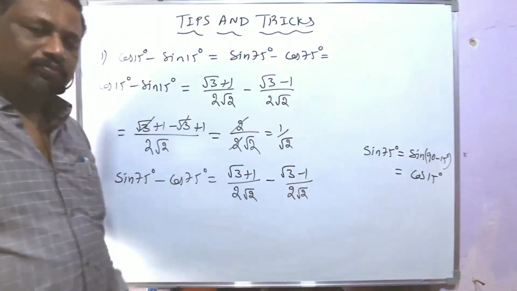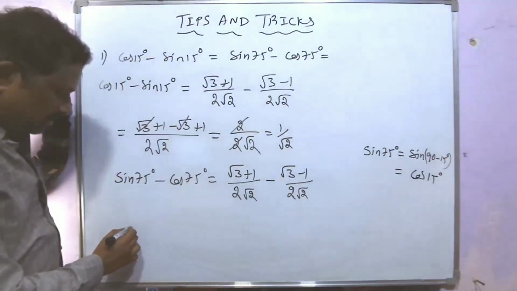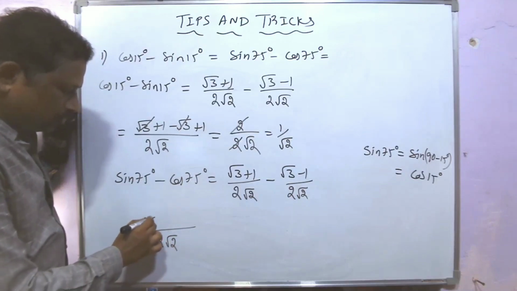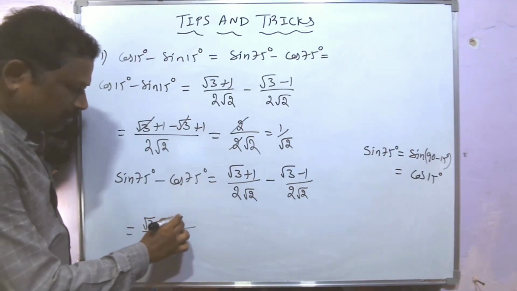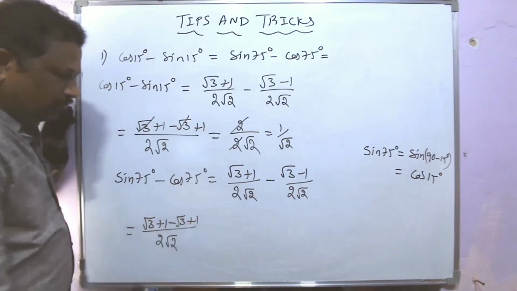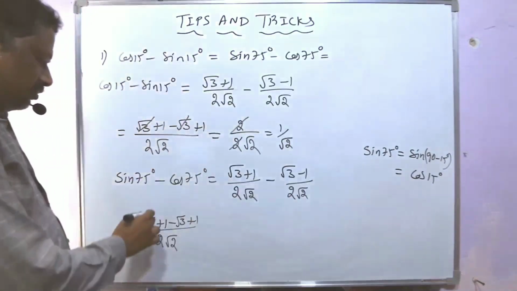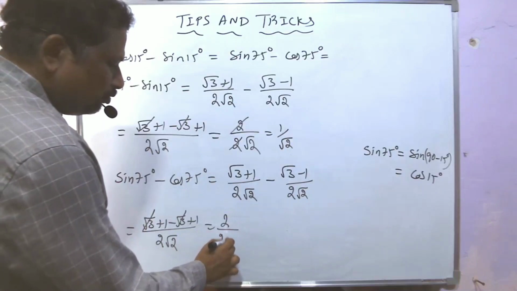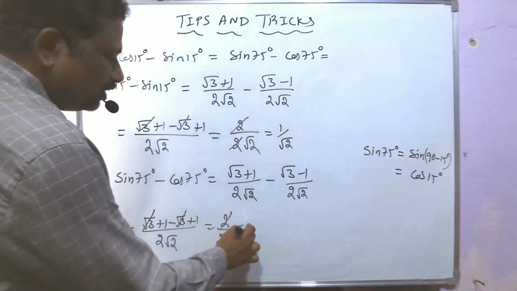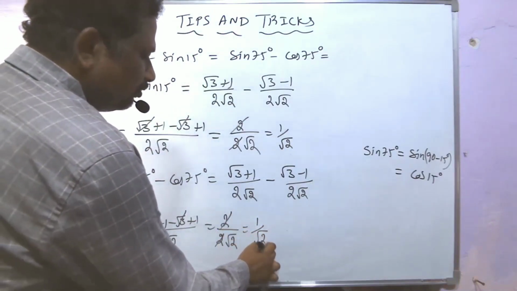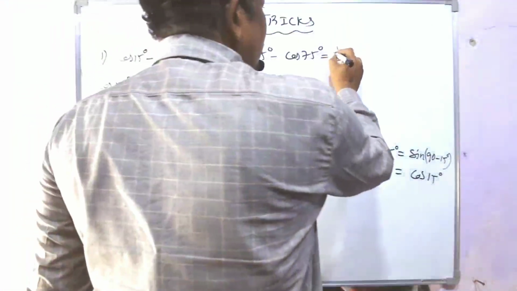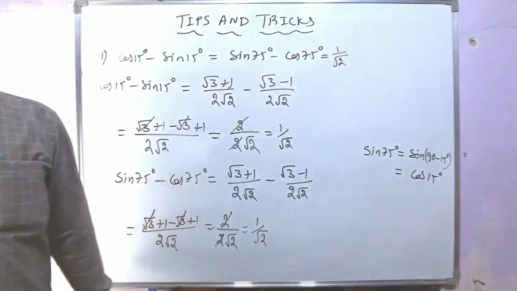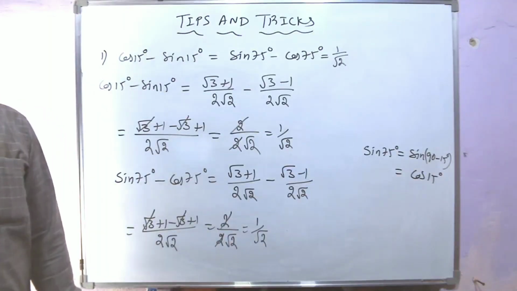Now we take out LCM. LCM is 2 root 2, root 3 plus 1 minus root 3, minus into minus plus, plus root 3 minus root 3, 2 by 2 root 2. 2 gets cancelled, 1 by root 2. So 1 by root 2 is the answer. No problem. Any doubt? Perfect.